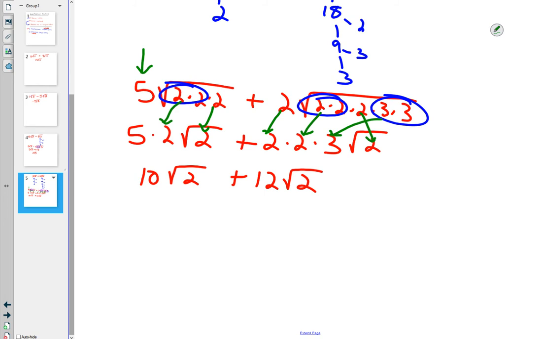What is 5 times 2? 10. What is 2 times 2 times 3? 12. And then the important part is that now what's on the inside matches. At the beginning it didn't match. Now it does. So now we can add. I only add the 10 and the 12, which gives me 22 square root of 2. Taiwan wins.